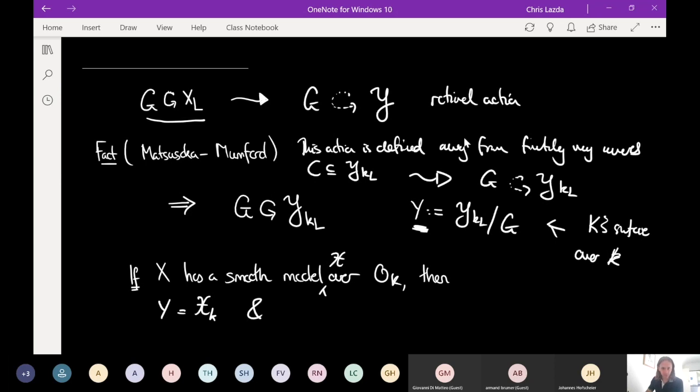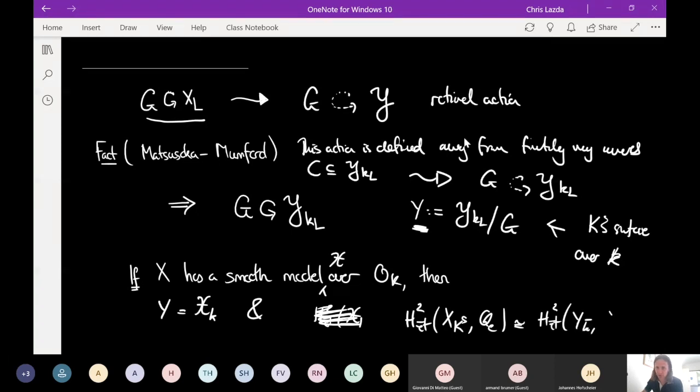And moreover, by the smooth and proper base change theorem, I have an isomorphism between the cohomology of the K3 surface I started with and its reduction, and this is going to be G_K equivariant.